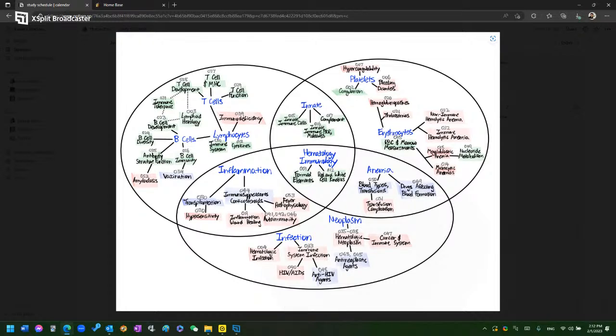And we can talk about infections, HIV, and we can also talk about neoplasms with all the blood cancers. I want to save that for last because that one's crazy complicated, and because it'll integrate, I think, a lot of the things that we've been learning already. So I'll put that last.